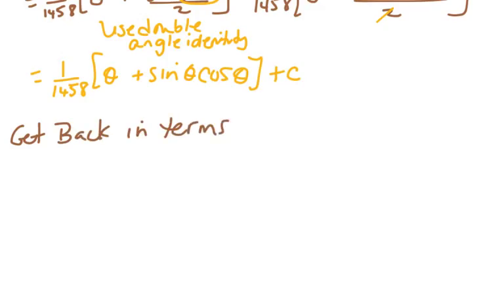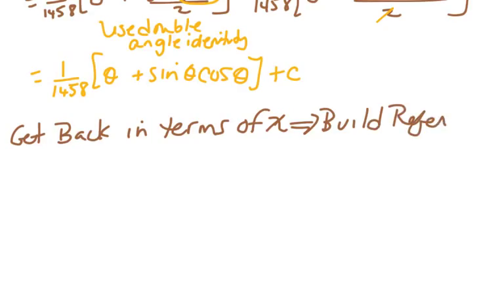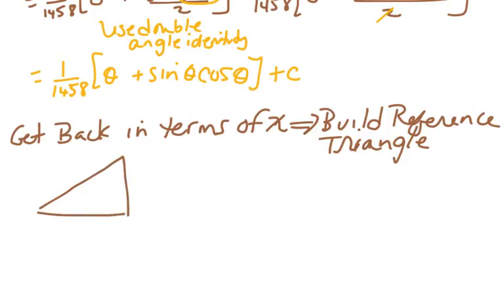All right, and how do we do that? Well, we build a reference triangle, and I'll show you what that means. We did it in the first example, but this is going to be a formal step with all your problems involving trig substitution. You draw the reference triangle.